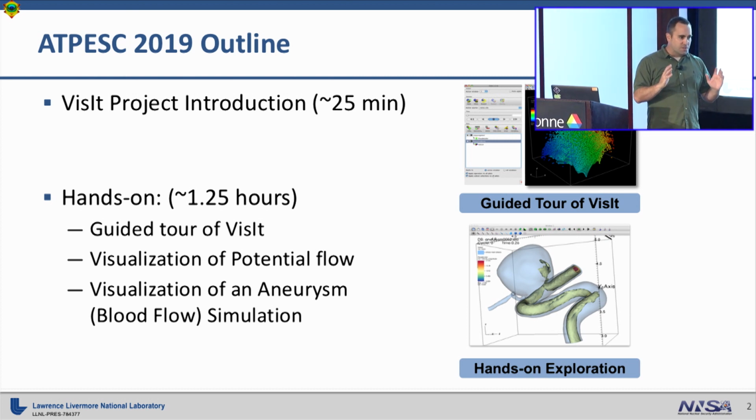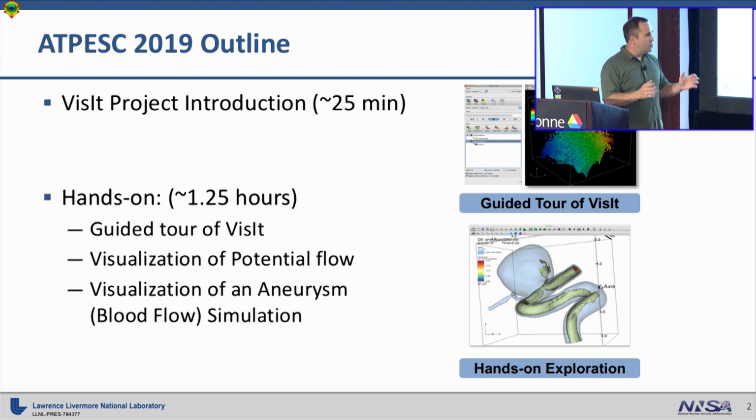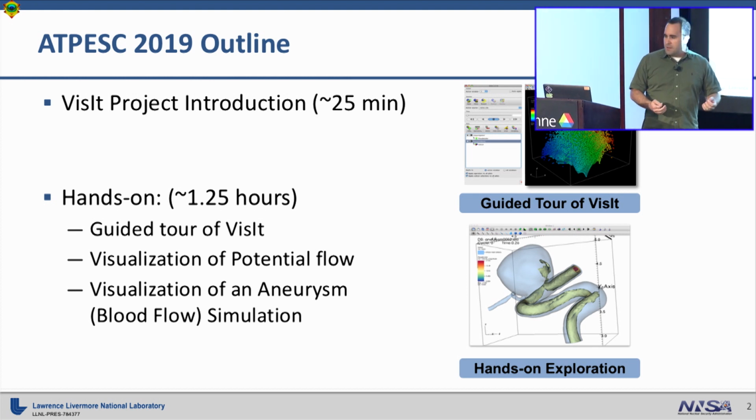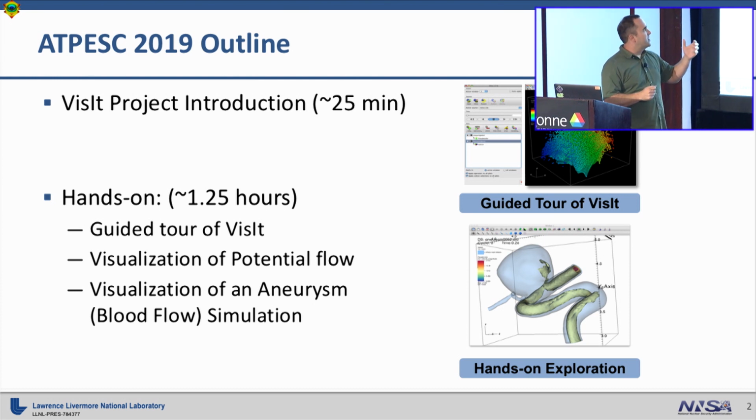Then we're going to slow down a little bit, and we're going to try to do 2 more intentional hands-on things. So the guided tour is the whirlwind. Visualization of potential flow is a little example data set, and we also have an example data set with aneurysm simulation. There's a lot of material here. We won't make it through all of it, but here's the plan: 25 minutes, about an hour and a quarter, and then 30 seconds for questions.